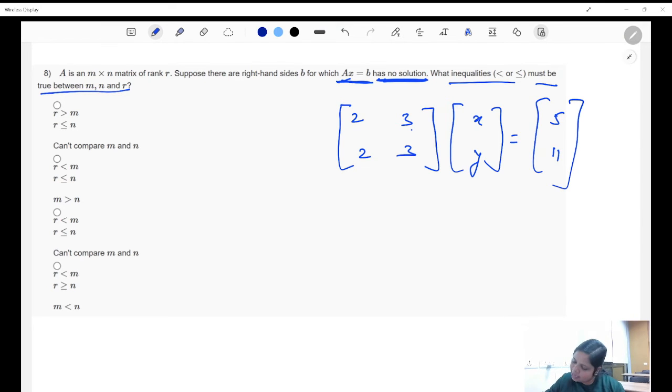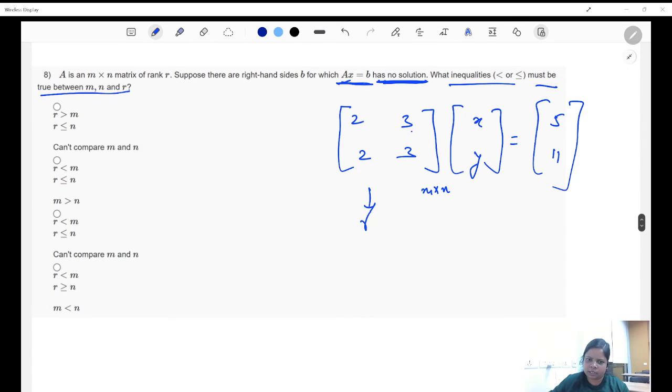Let's say it has a rank m cross n, which in our case is 2 only, both ways, and this has a rank r. Okay, then what is the rank of this matrix? 2 3 2 3. It is 1, right? It is rank deficient, so it is 1.